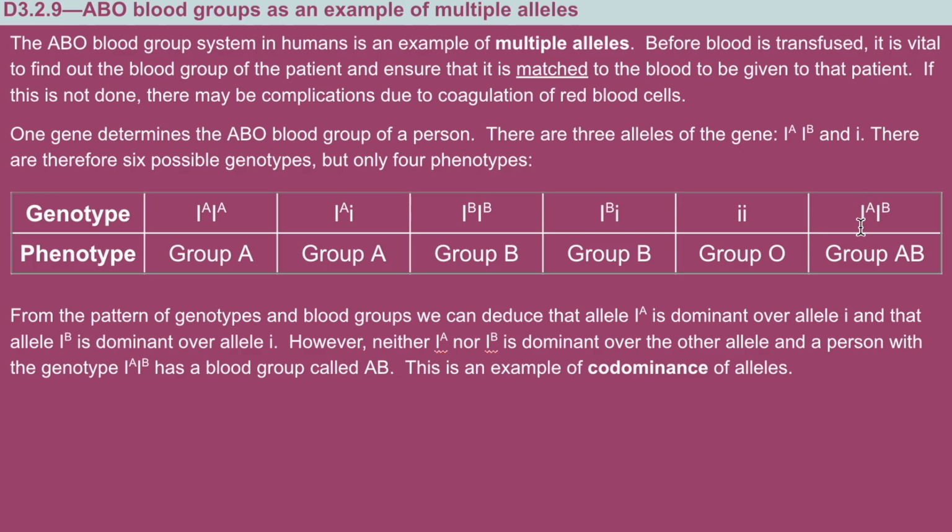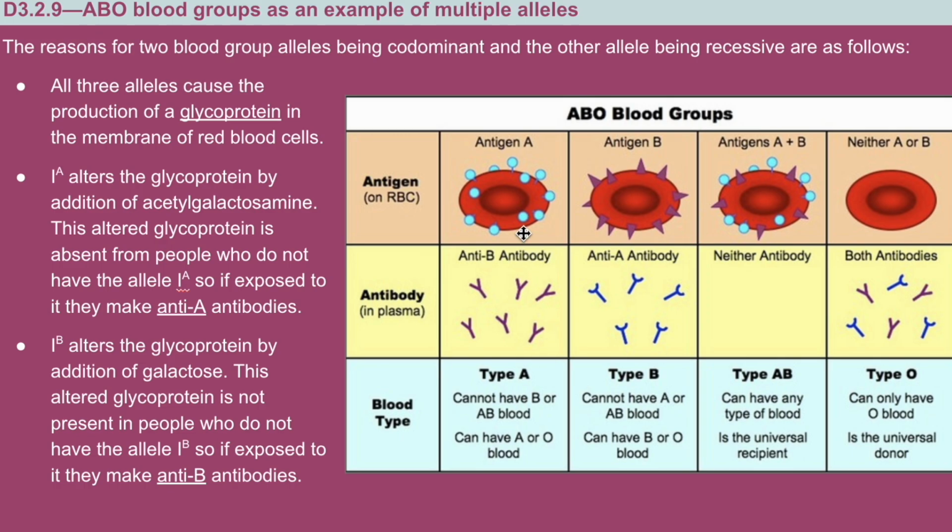This is a special case where if an individual gets big IA and big IB, they have this special blood type called blood type AB because neither of these alleles are dominant over the other, and so we call that codominance.